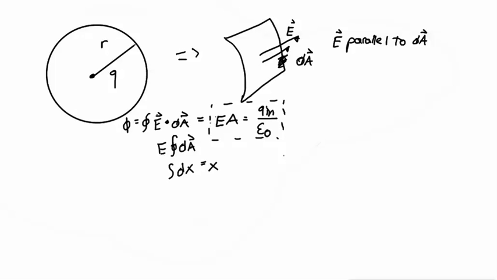Now we want to solve for E. I divide both sides by A, so E is equal to Q enclosed over epsilon naught times A. A is just the surface area of the sphere, which is 4 pi r squared.